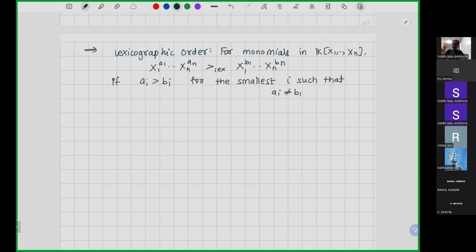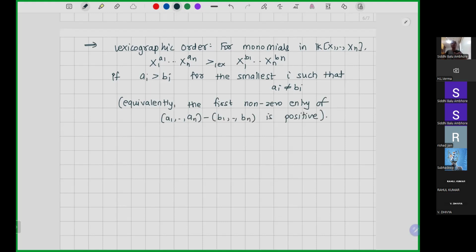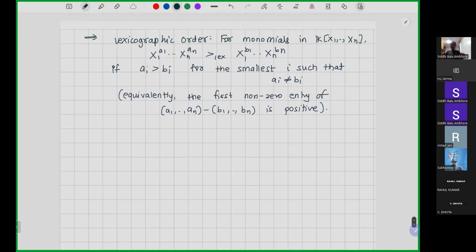It is equivalent to saying that the first non-zero entry of this vector is positive. Okay, so that's how we can look at it.